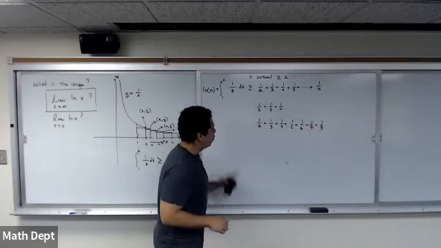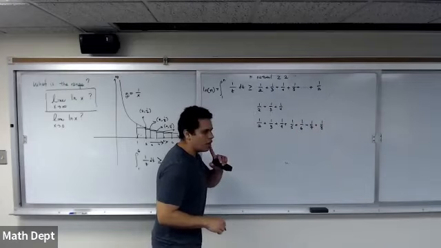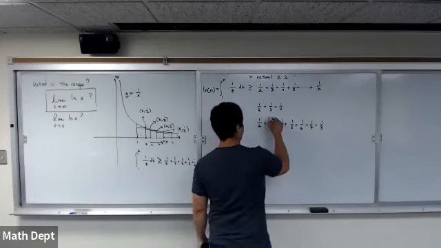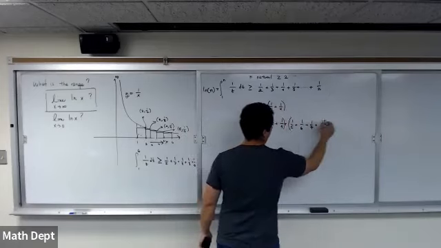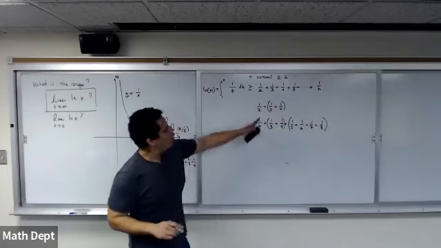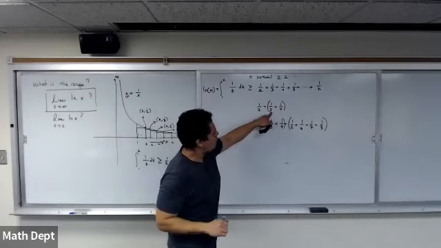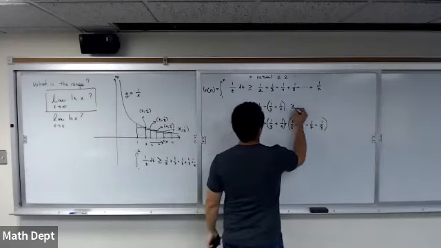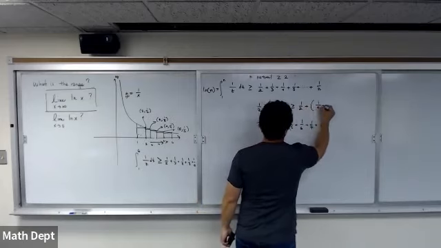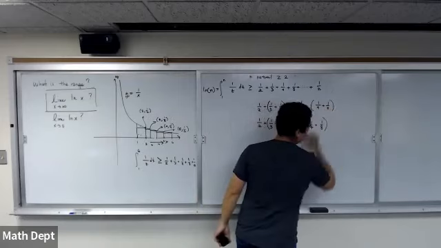Well, look, what I want to do here is group in a slightly different way. Here, I'm going to group these ones, and I'm going to group these ones. Once I make that grouping, I'll observe the following. A fourth is smaller than 1/3. So I can say that this is greater or equal to 1/2 plus 1/4 plus 1/4.